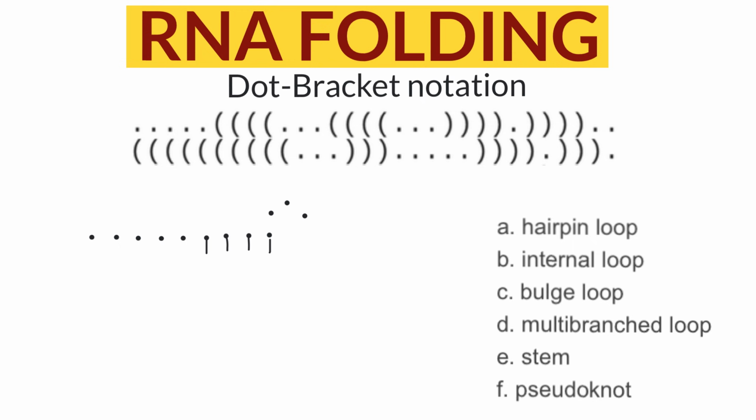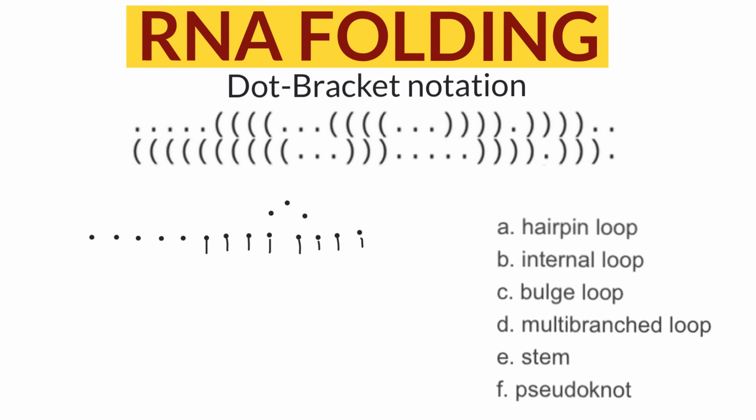And then we have 4 paired nucleotides. 1, 2, 3, and 4. Let's show that they are paired. 1, 2, 3, 4. Then we have 3 unpaired nucleotides, and then you see the parenthesis closes. That means that at this point the RNA folds on itself, so it goes in the back direction.